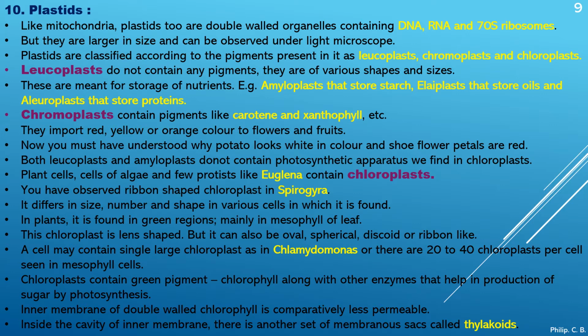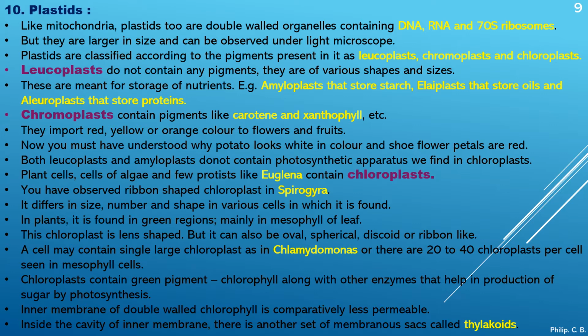Now you must have understood why potato looks white in color and shoe flower petals are red. Potato is white because it has leucoplast, whereas petals are colorful because they have chromoplast, that is carotene and xanthophyll, right?